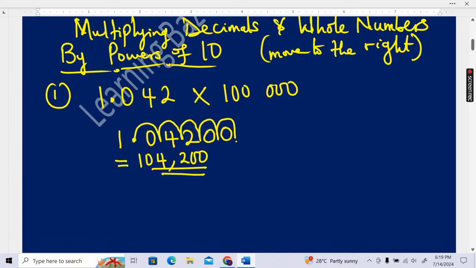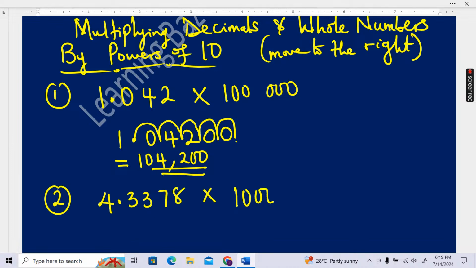Okay, so another example on how to multiply decimals by powers of 10. 4.3378 times 1,000. I'm going to write the number to be multiplied.